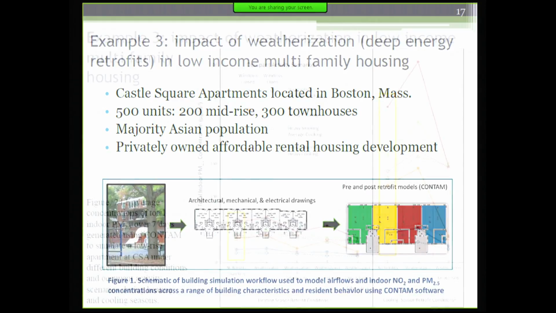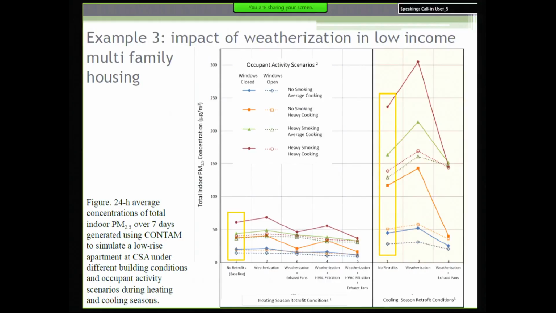Next slide. One interesting thing about this project is we could also capture a lot about resident behavior. Looking at the top line, which is a heavy smoker and heavy cooker, across the x-axis are all the different scenarios that we modeled, starting with baseline. On the y-axis you have PM 2.5 concentrations, which could be any pollutant.